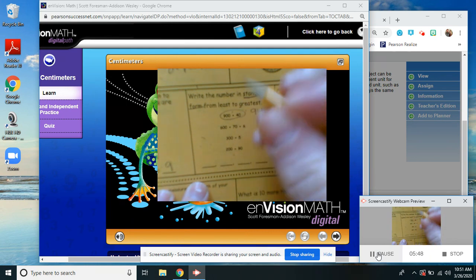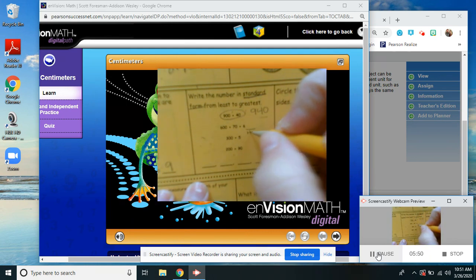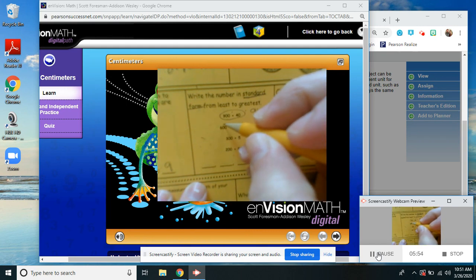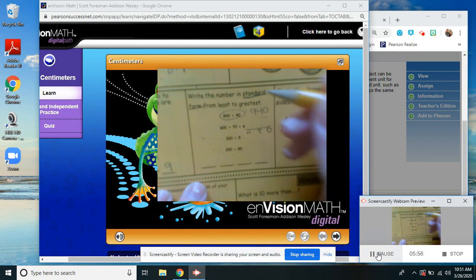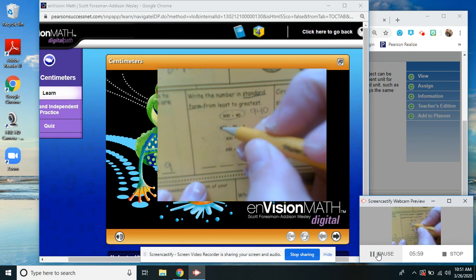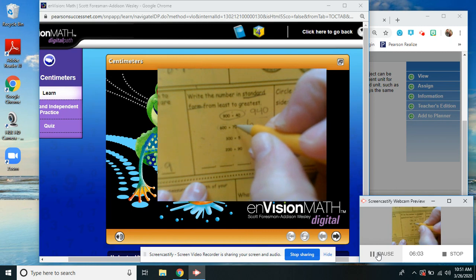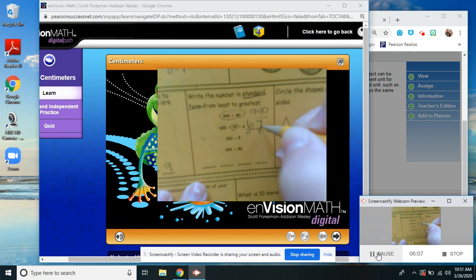So remember, we need to keep in mind our hundreds place, our tens place, and our ones place. So I see for 600 plus 70 plus 6, we have 600. So the 6 would go in the hundred spot. We have 70, which the 7 is in the 10 spot, and the 6 is in the 1 spot.